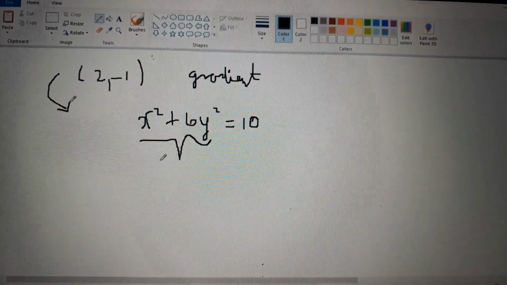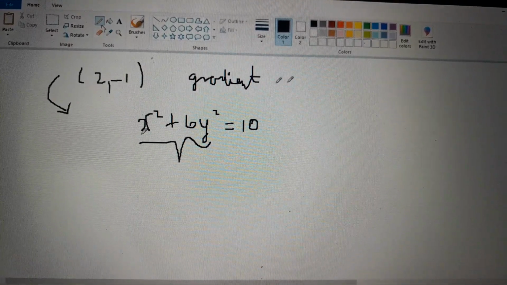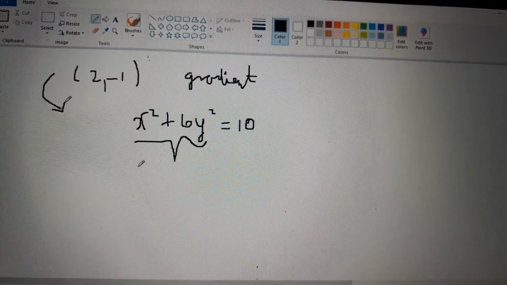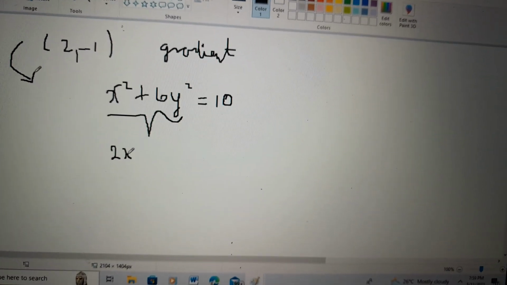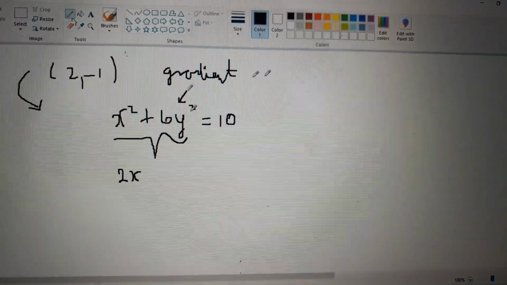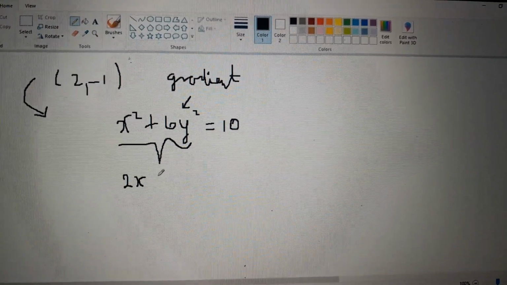Now from implicit differentiation, you would remember we differentiate x as normal. So we have x squared, and when we differentiate that, what will we get? Now, when we have any variable in y, we differentiate as well. So let's differentiate 6y squared. What should we get?